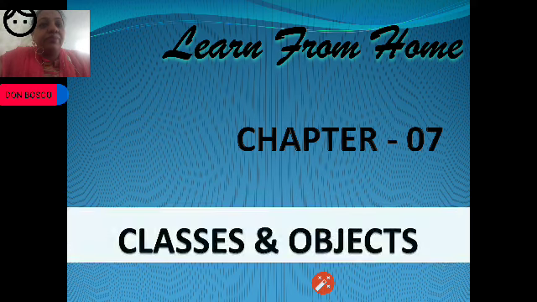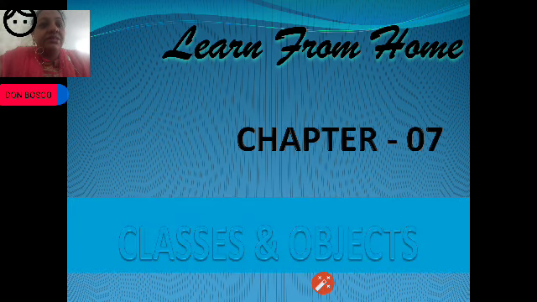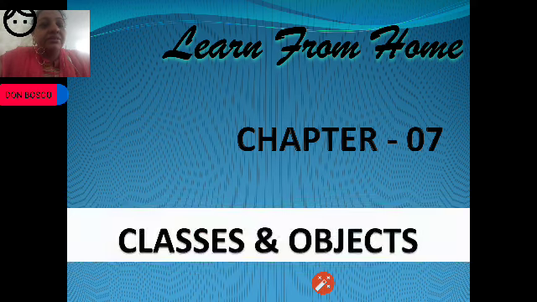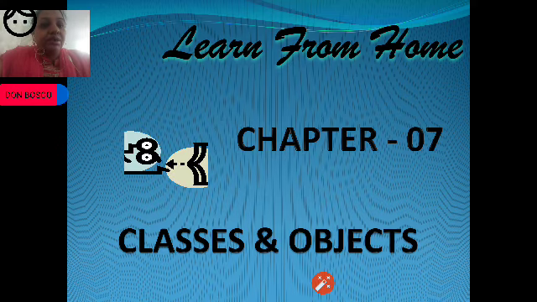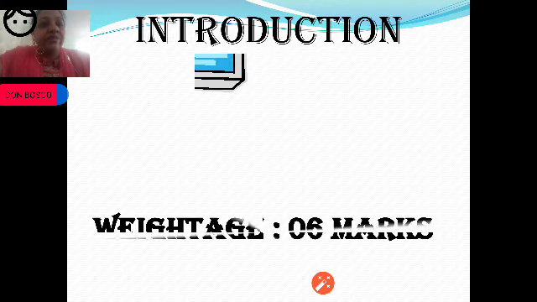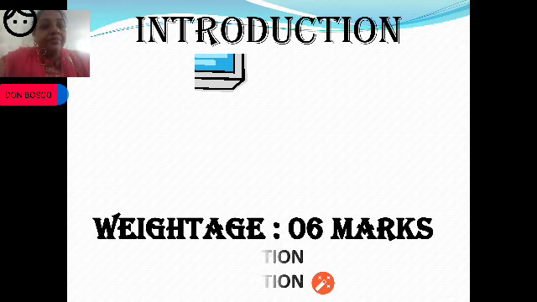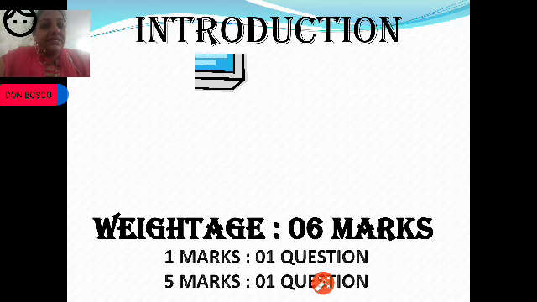Let me brief you about this particular chapter. This chapter carries 6 marks of your annual exam question paper. So in this chapter you will be having 6 mark questions coming for your annual exam. The total weightage is 6 marks.